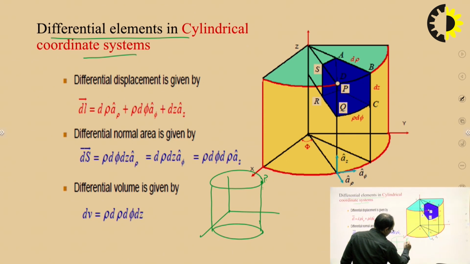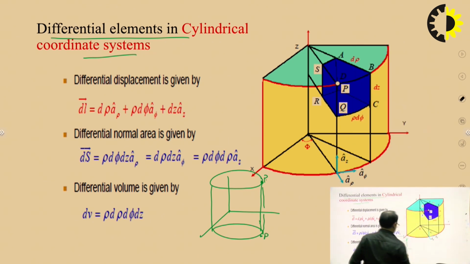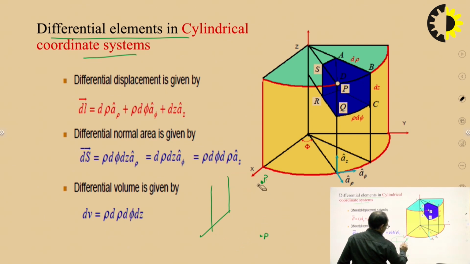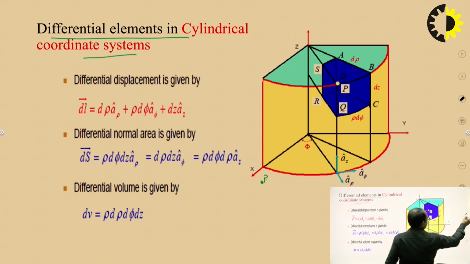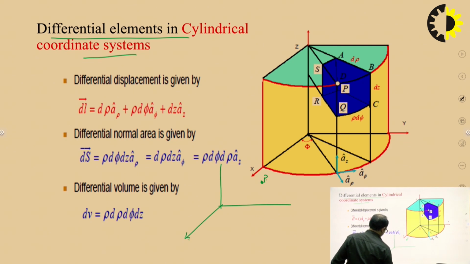So if I take the transformation of this P, that is at this point P. Clear?